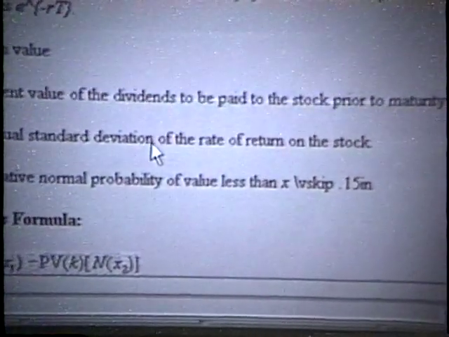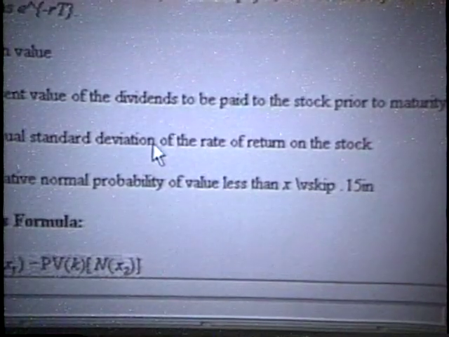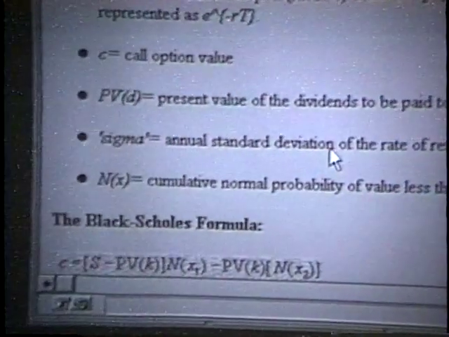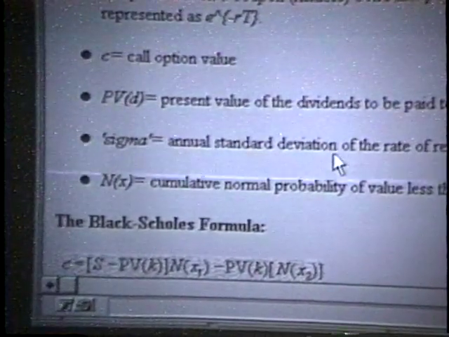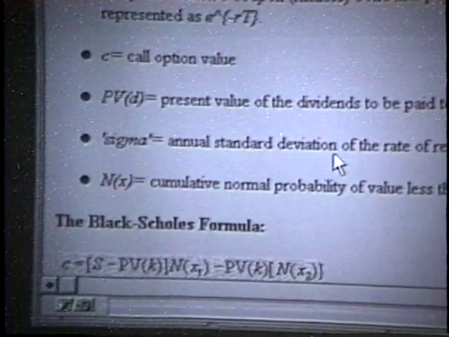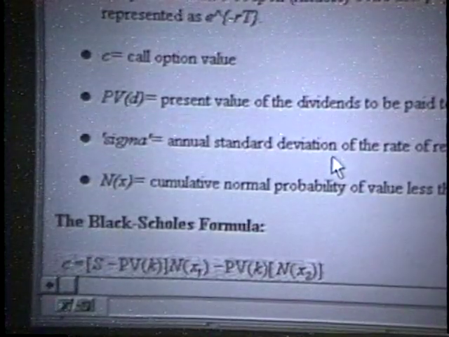Standard deviation by definition is expected, but often we think of historical standard deviation. So if I gave you the returns for this stock over the last 12 months, so 12 observations, you could calculate the standard deviation of the returns, right?